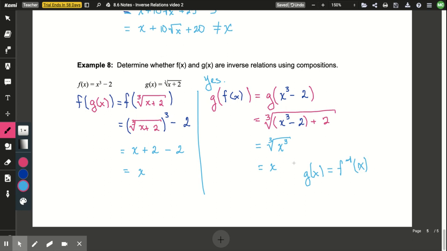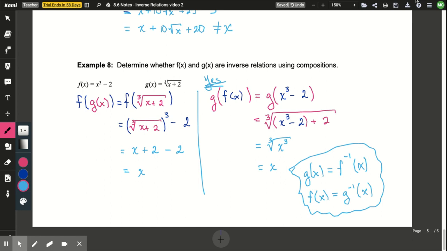And I could also say that f of x is equal to g inverse of x. I'm going to fix both of those because this notation is kind of important. There we go. All right, so this would be a really mathy way to say, yes, these two things are inverses. But of course, you could just answer yes on that one.